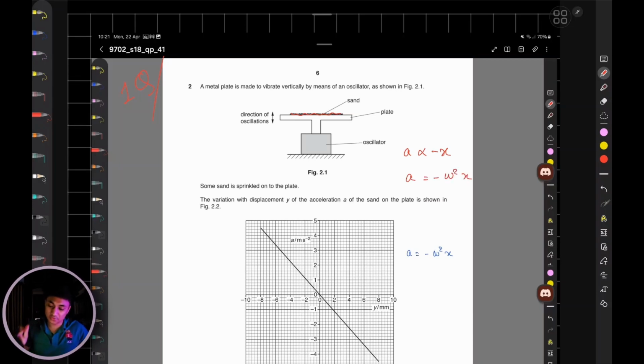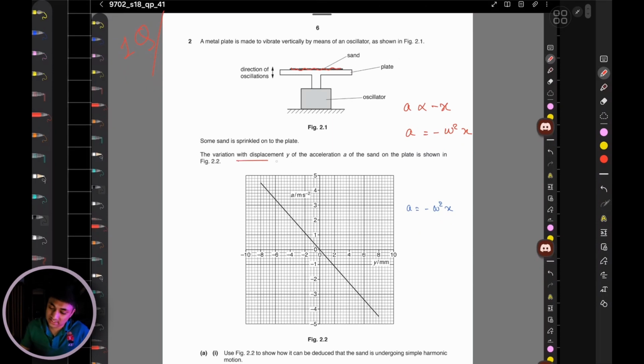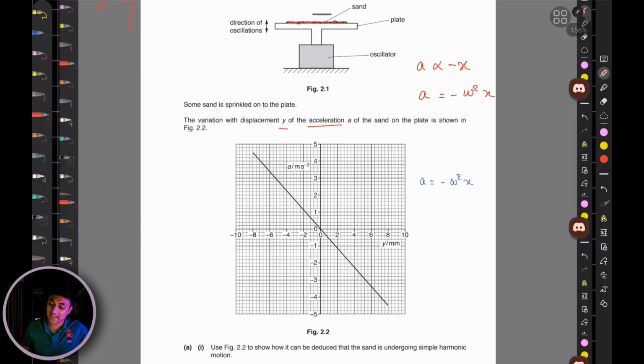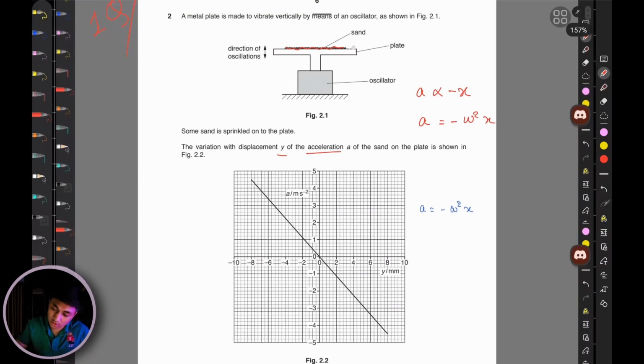Now, the question is telling you some sand is sprinkled onto the plate. So, the variation with displacement y of the acceleration a of the sand on the plate is shown in figure 2.2. So let's analyze the graph. Through the graph, you can see while the displacement is negative, so let's say the displacement of this sand particle is downwards, right?